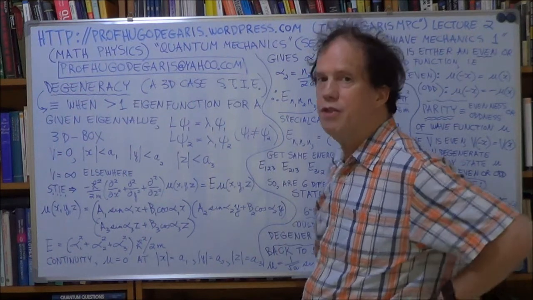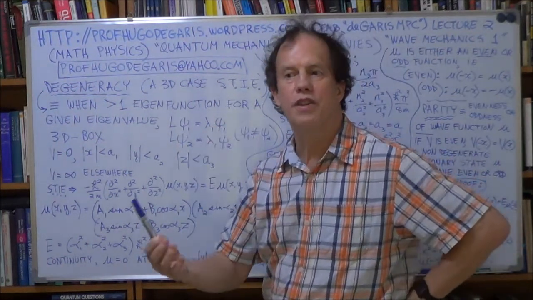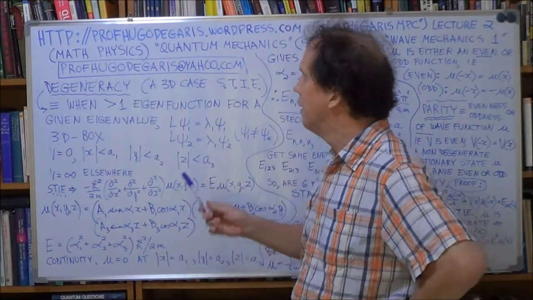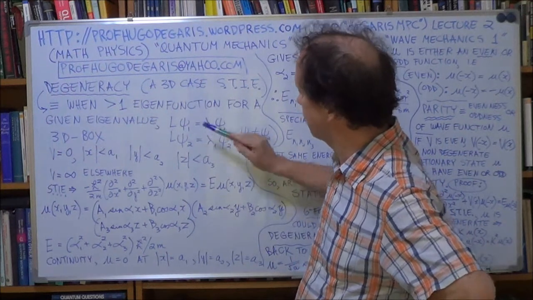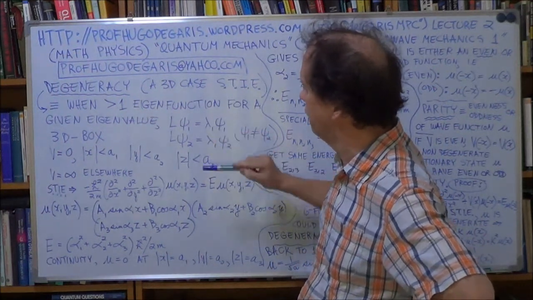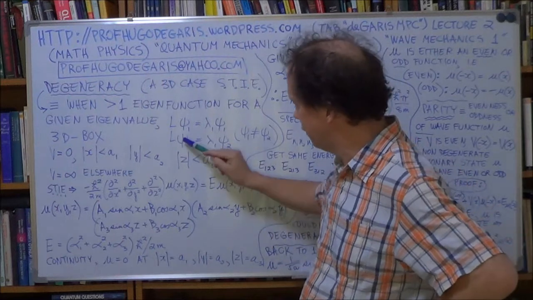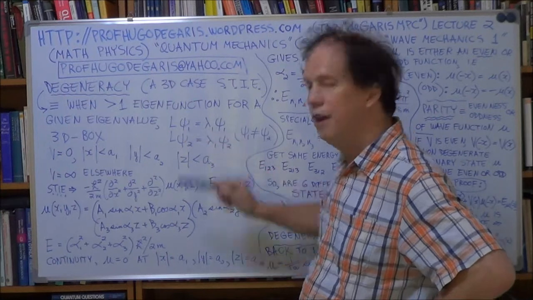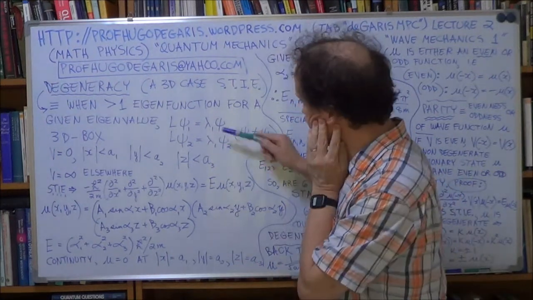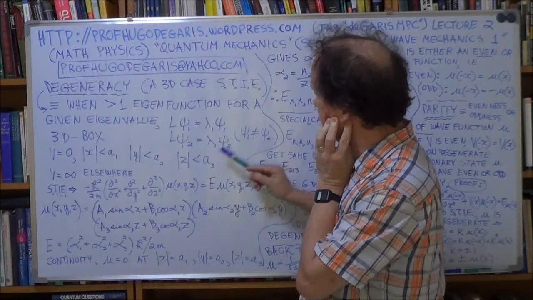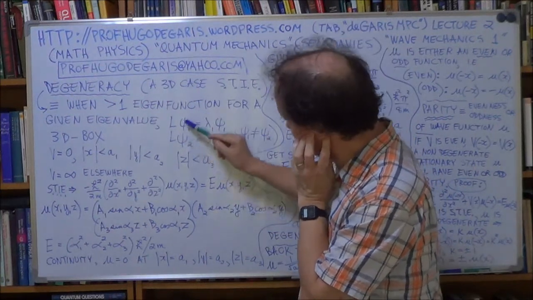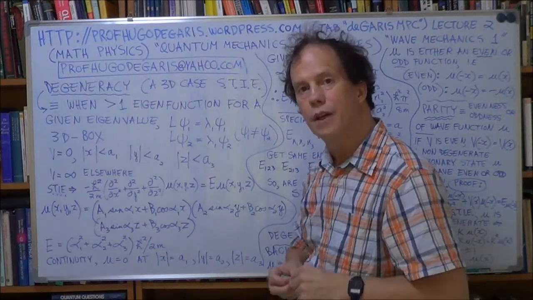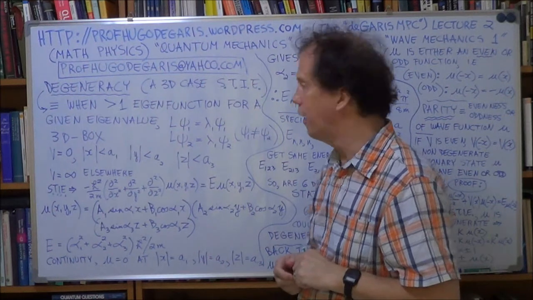So, degeneracy, or a degenerate eigenfunction occurs when you have 2 different eigenfunctions. Like, now here's an eigenfunction, right? There's your eigenvalue. When 2 different eigenfunctions, here's a different eigenfunction from this one. But if those 2 eigenfunctions have the same eigenvalue, like lambda 1, then these two different eigenfunctions are said to be degenerate, right? They have the same eigenvalue.